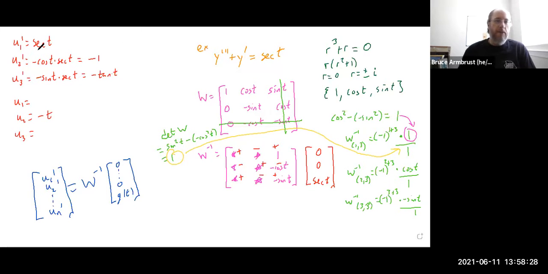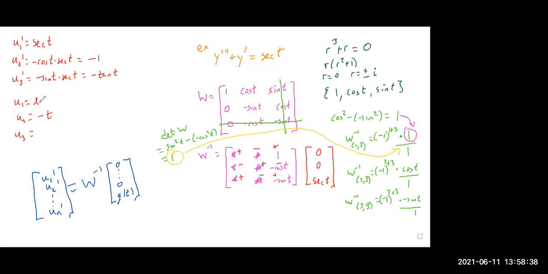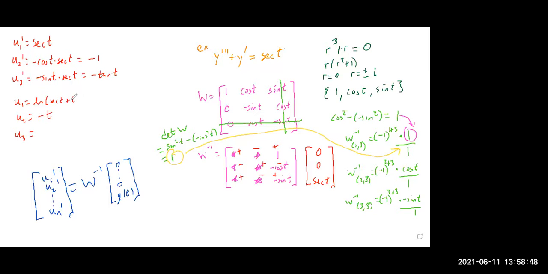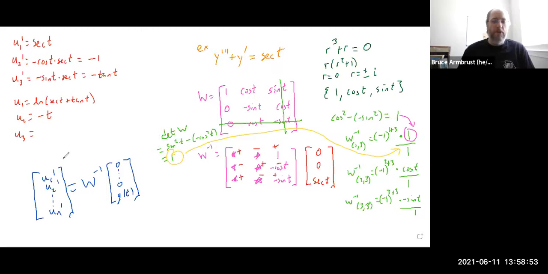I don't know if anybody remembers the integral of secant. Most people don't. I want to say it's 1 over 1 minus x squared, or t squared. That is not it. It's actually got a natural log. It's the natural log of secant plus tangent. That was one of those weird ones where there was a miracle step.